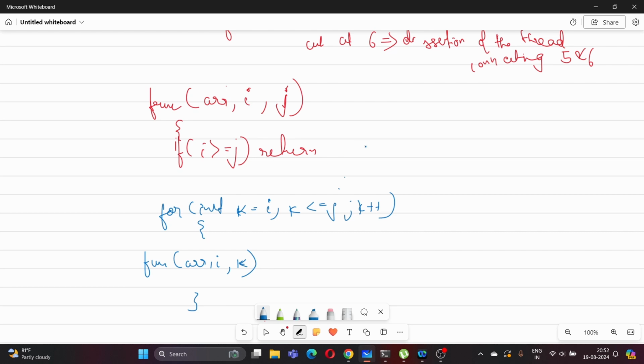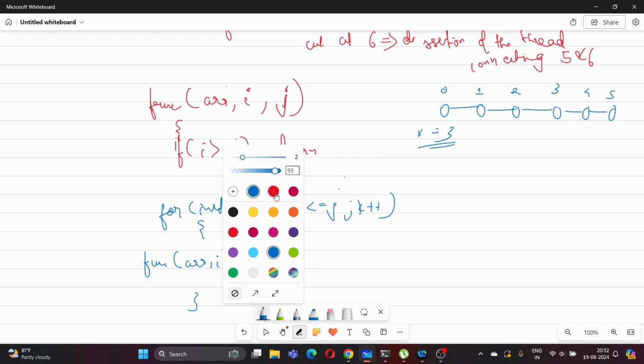Let's say for k equal to 3, the pearls are like this: 0, 1, 2, 3, 4, 5, 6. I say that I cut it at 3.